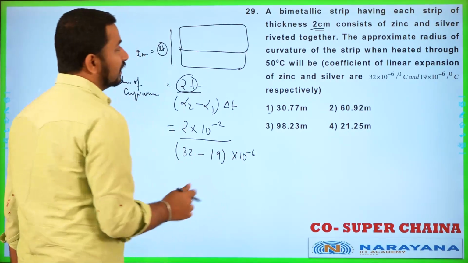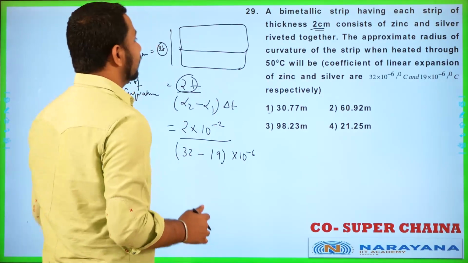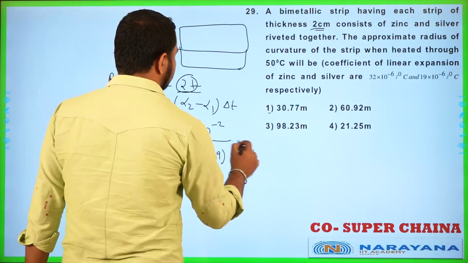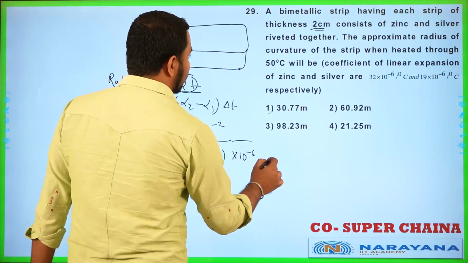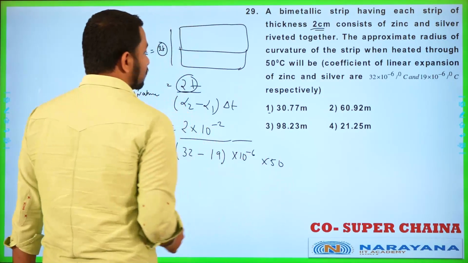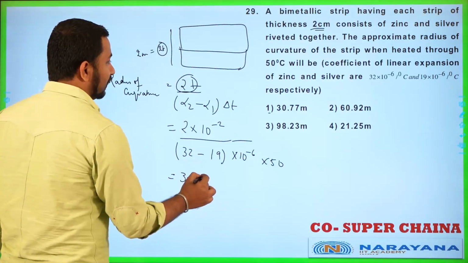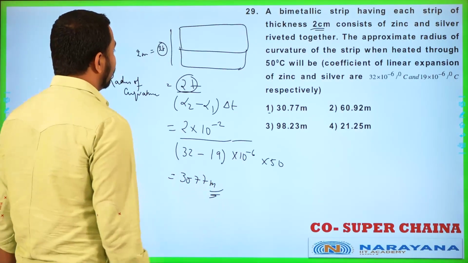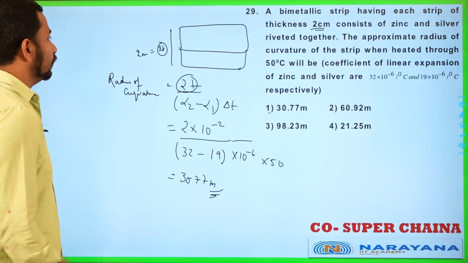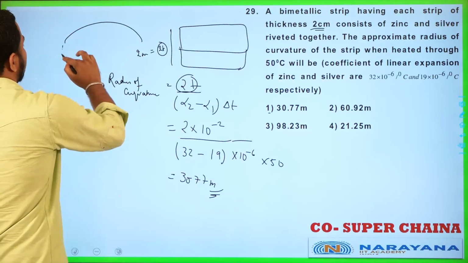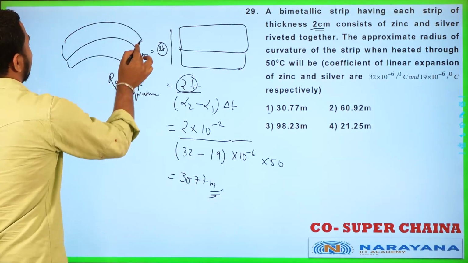I hope you got this. And the temperature difference is 50. So just substitute the values here. When you substitute and simplify, you will get the answer as 30.77 meter, and that will be the answer of this question. So this bimetallic strip will become like this after expansion.